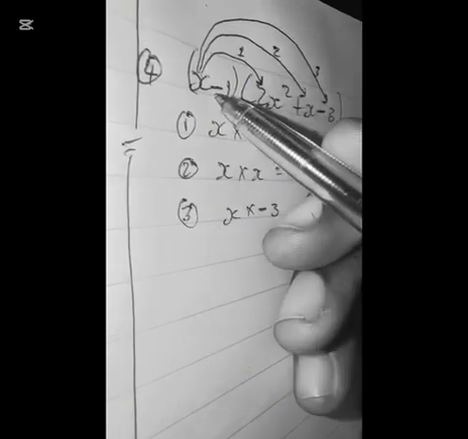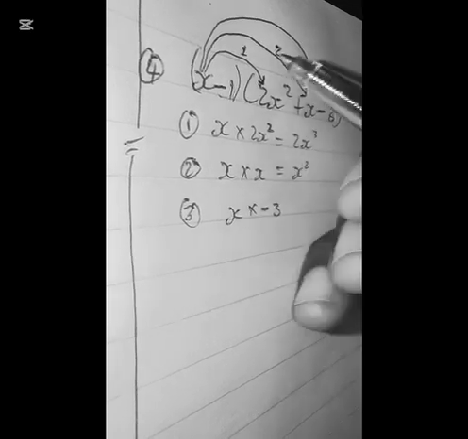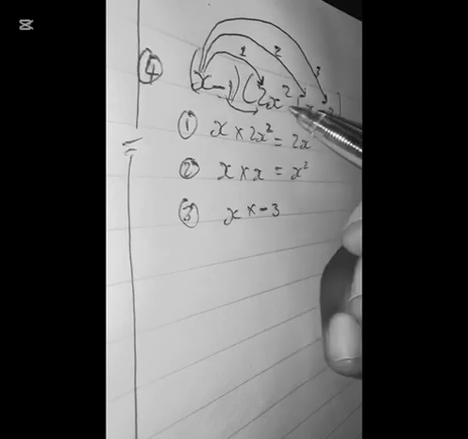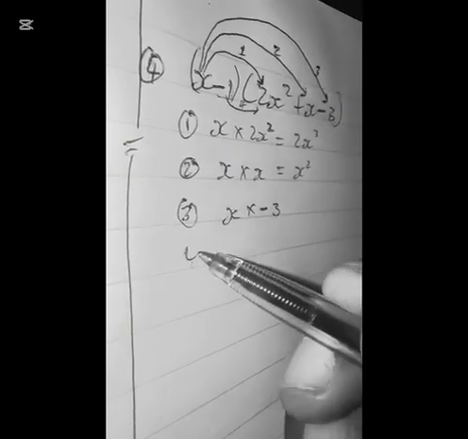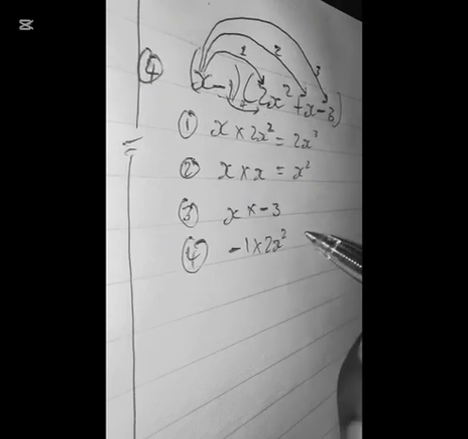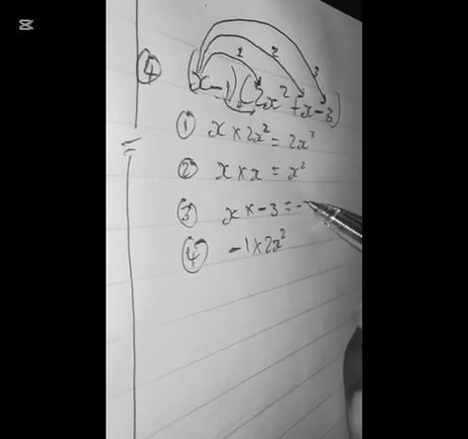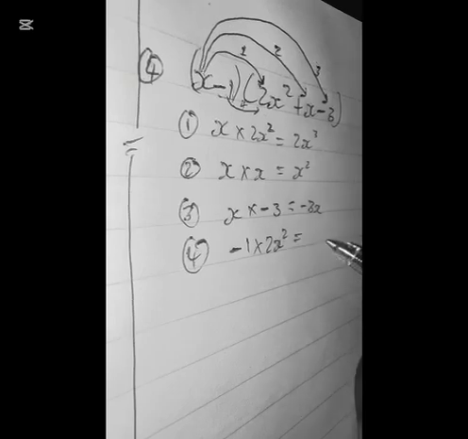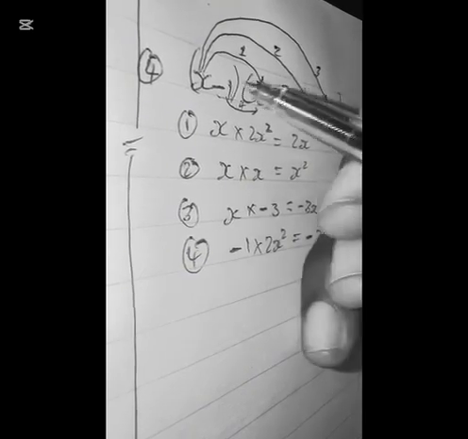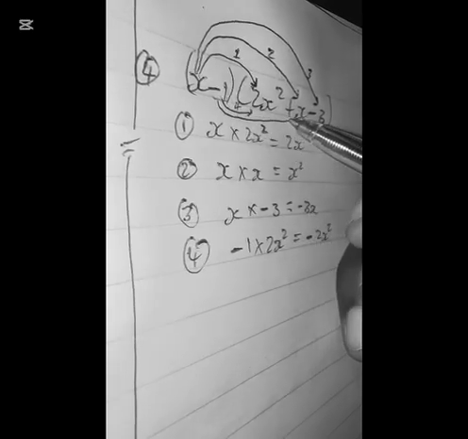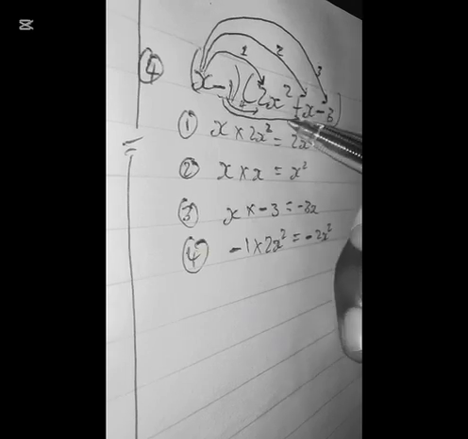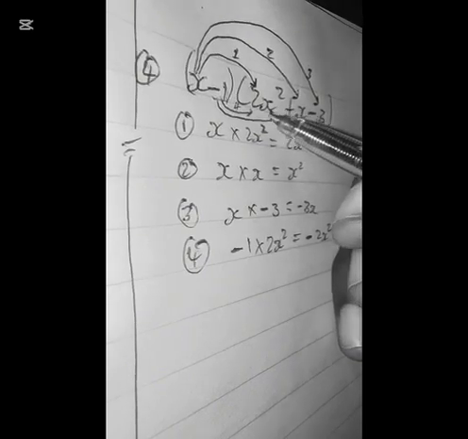Then from there, move along to negative 1. This negative 1 will multiply 2x squared here. So it will be root number 4. Root number 4 will be negative 1 multiplied by 2x squared, which gives negative 2x squared. Then negative 1 will multiply this x. It will be root number 5.